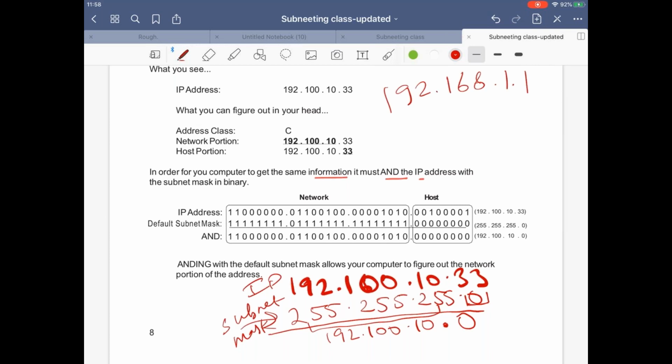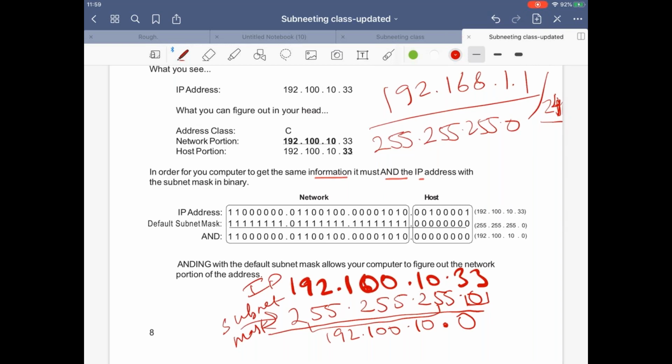If somebody is telling you that 192.168.1.1 is a network ID, slash 24, where slash is a prefix notation, slash 24 means 24 bits are on.